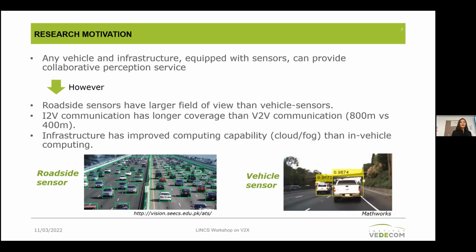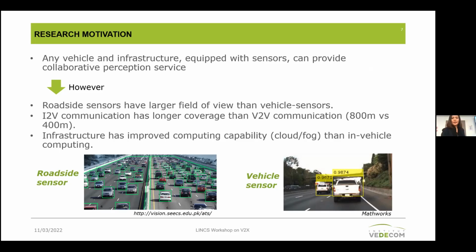We can easily say that roadside sensors can be installed in such a way that the field of view is larger and there are fewer obstruction issues. Normally the antenna is higher, so the communication coverage is larger as well compared to a vehicle. Obviously, computing capability is higher there.